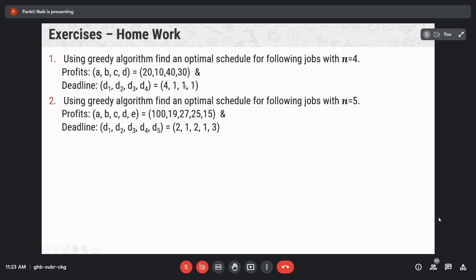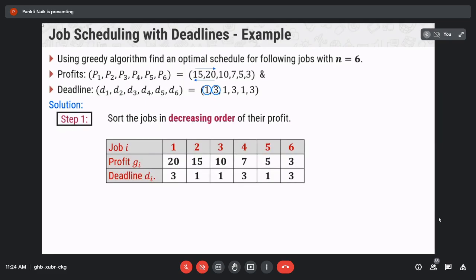Write down your answer in the chat box. Write down the respective deadline associated with each job.